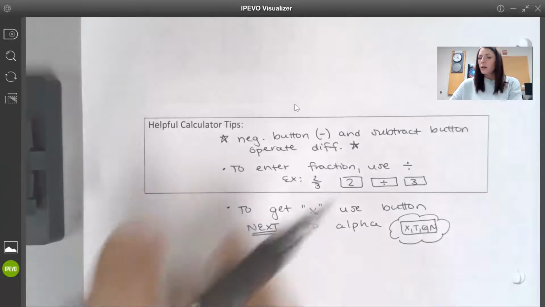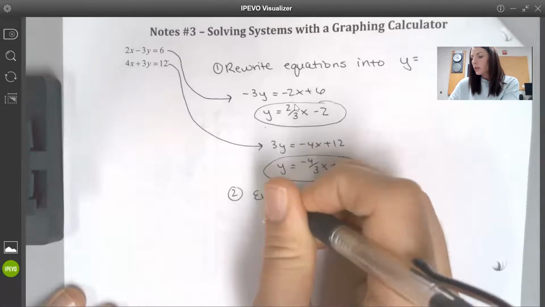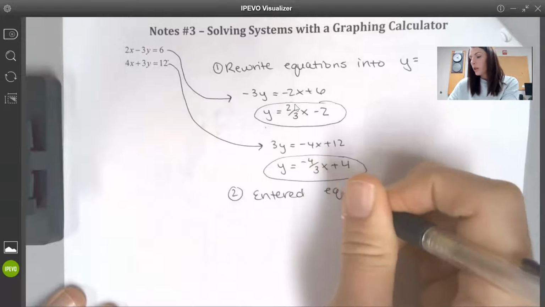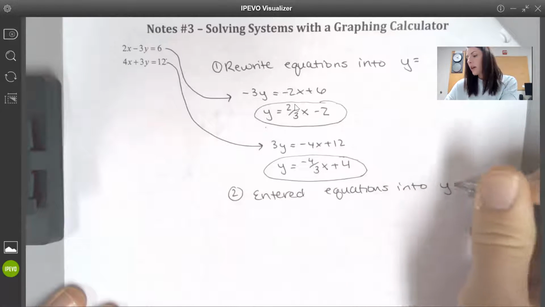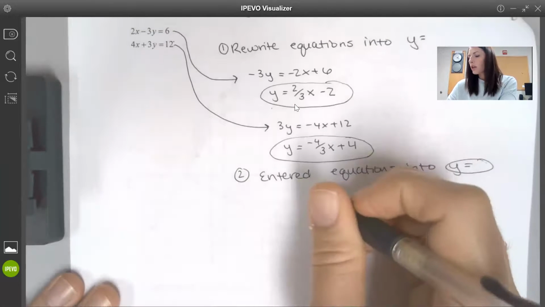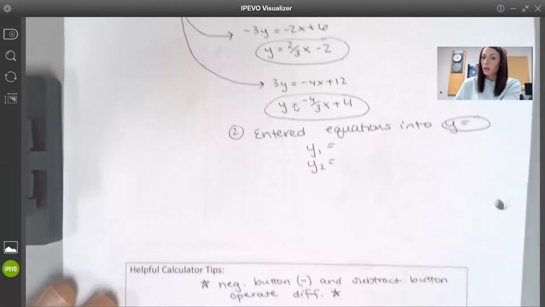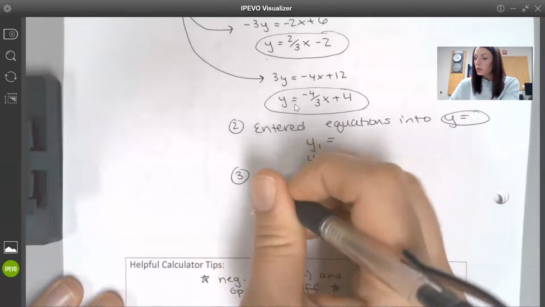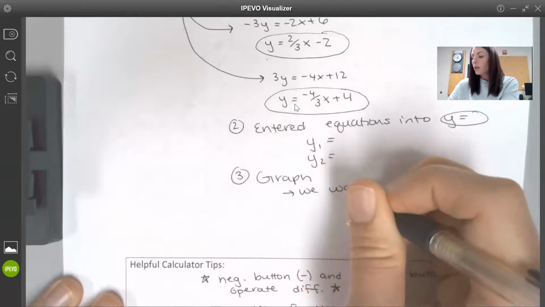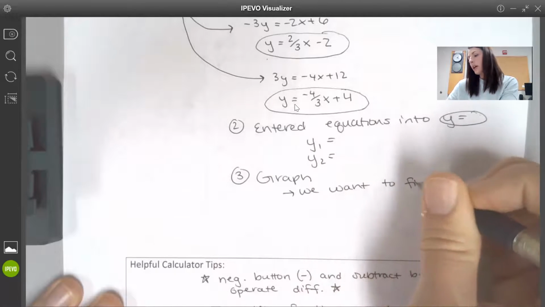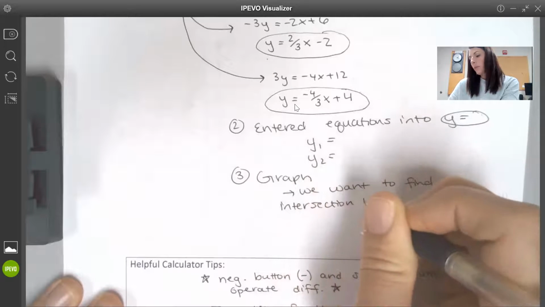So far, what we've done, so we rewrote our equations, then we entered equations into y equals, which is a button on my calculator, into y1 and y2. And now I'm going to go to my graph, and we want to find the intersection point, right?